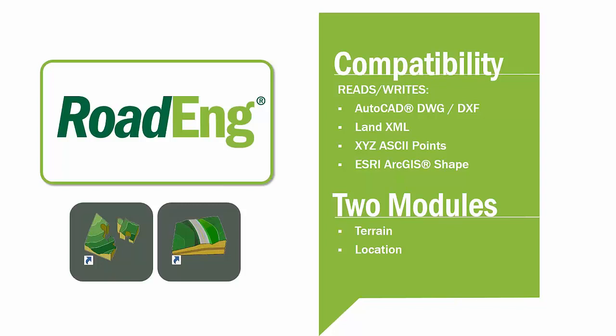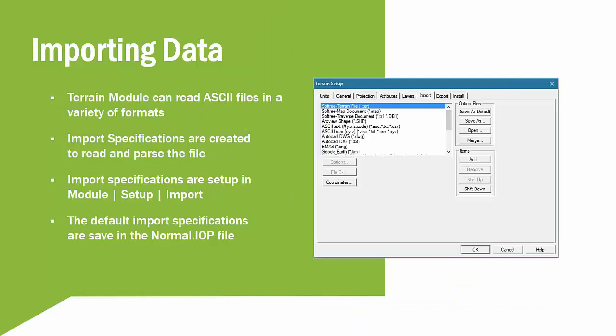The terrain module will be used in the first half, which is the importing stage, and the location module will be used when he shows you how to export a finished design. And there's a list of some of the file extensions that RoadEng is compatible with. We will be using LandXML and ASCII points today in the demo.